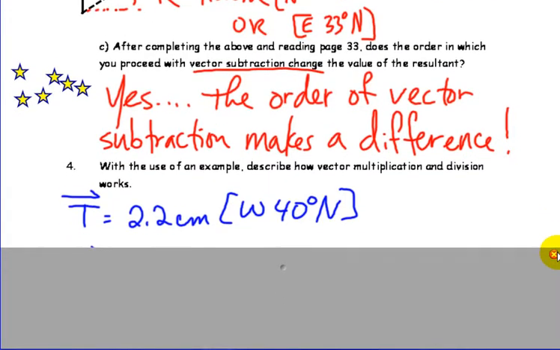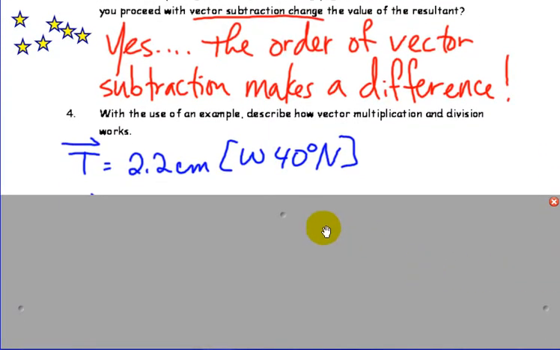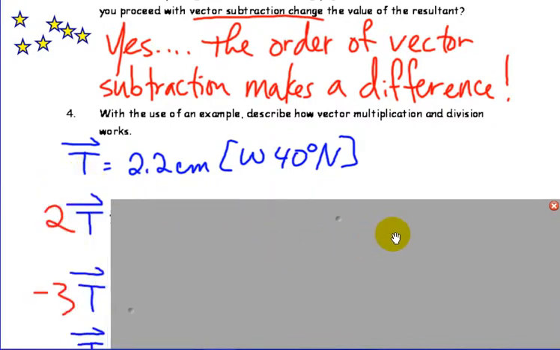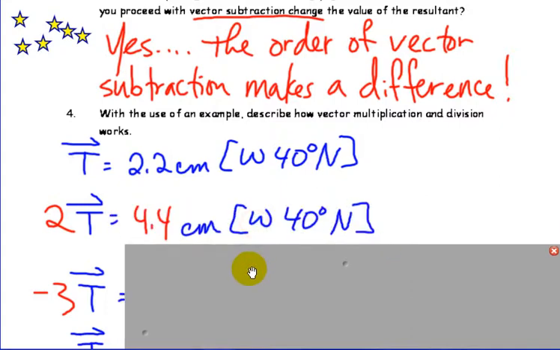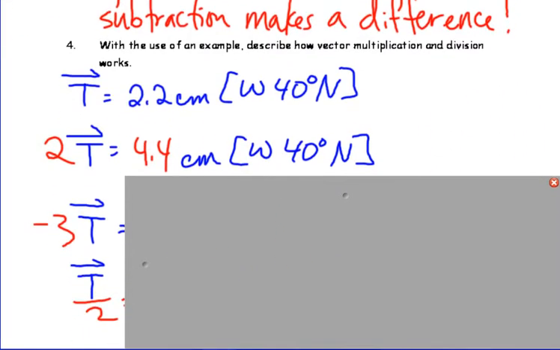If we look at multiplying and dividing vector quantities now, if we have vector t as 2.2 centimeters west 40 north, and we want to figure out 2 times t, you simply double the magnitude. The direction stays the same, just double it. If I look over here at negative 3t, if we don't worry about the negative sign for a moment, you take 3 times t.